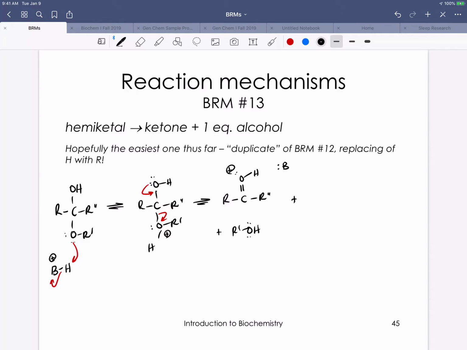And then we can deprotonate this protonated ketone to generate our final product here. Final ketone. So pretty simple mechanism here.